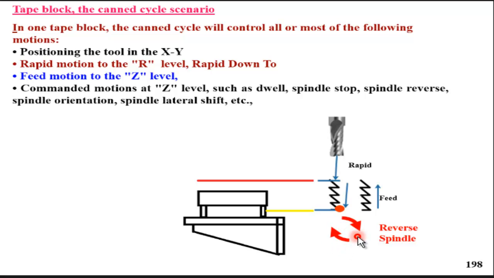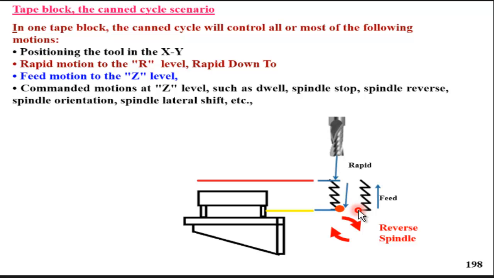You give a command to the tool to do some action. That action could be dwell, spindle stop, spindle reverse, spindle orientation, or spindle lateral shift. Lateral shift means moving in the lateral direction, especially if we are doing boring or enlarging the internal size of the hole.